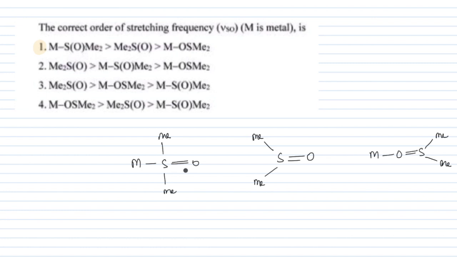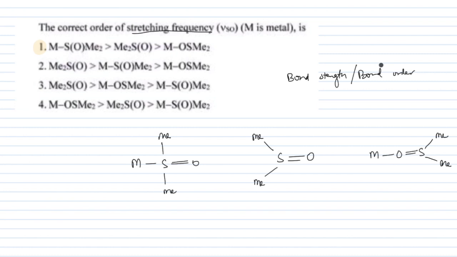So see how we can solve or answer this. They are talking about the stretching frequency, right? What we will understand first of all is the bond strength, or basically the bond order, because it's simple if you understand the bond order first, and then you will be able to identify the stretching frequency.